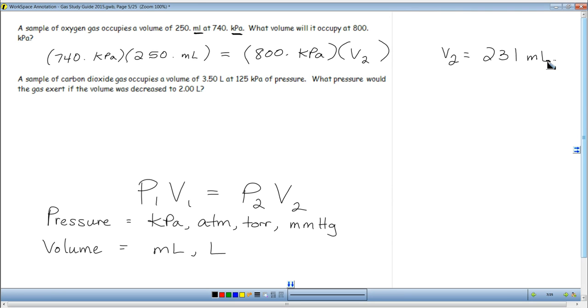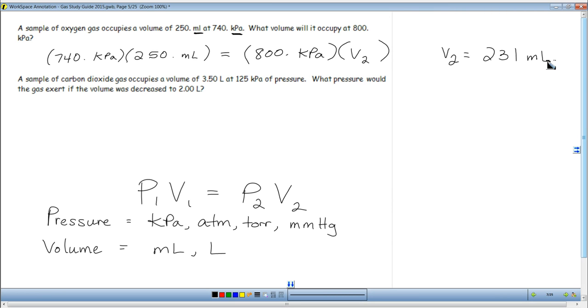I didn't go like crazy increase, 740 to 800, so I would expect the volume to be a little less than 250. So let's say this were a multiple choice question and your calculator dies. You could probably pick a reasonable answer. It's obviously not anything greater than 250. And it wouldn't be something like 100 milliliters. That would be too small.